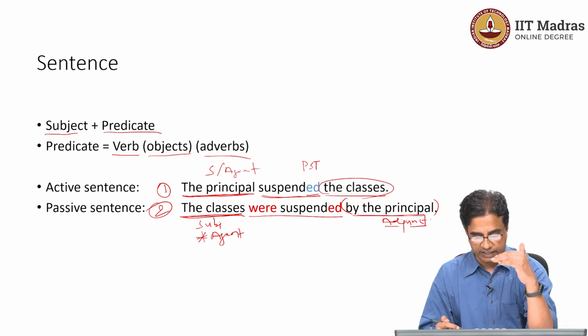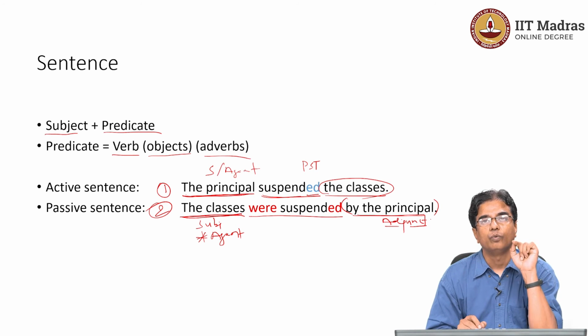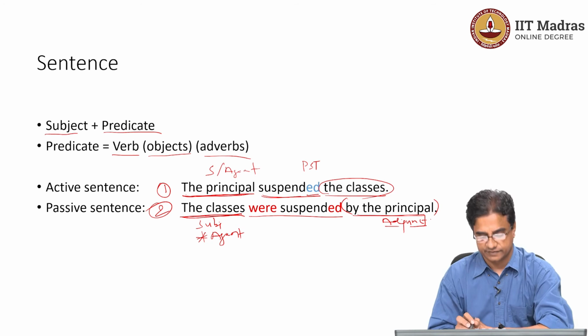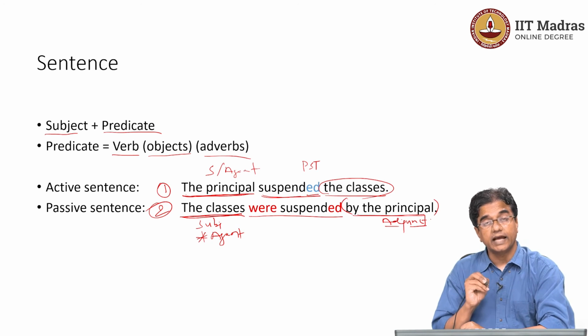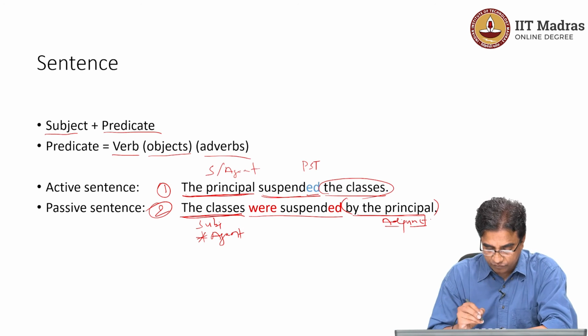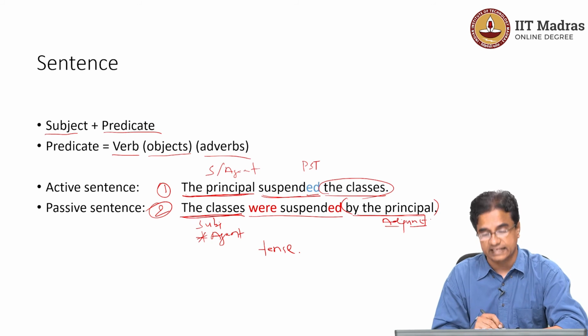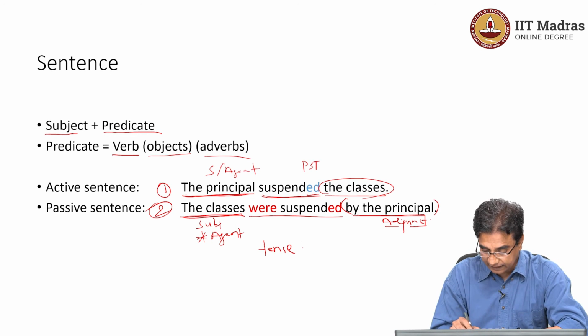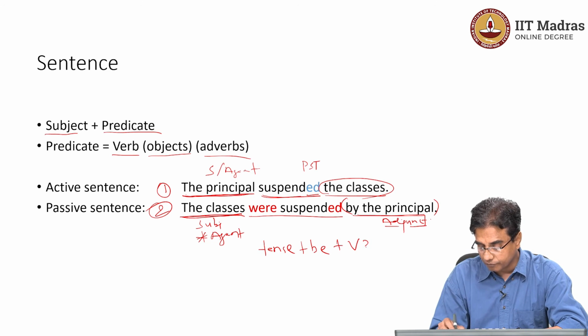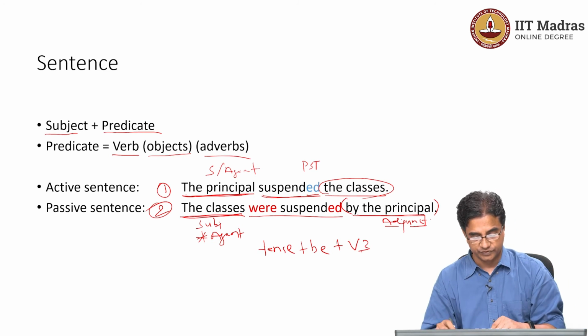Having talked about that, let's talk about what happens in passives. That is also important for us to understand. The passive morphology is very simple. We have to have tense, and then we have to have be, and then we have the verb's third form.